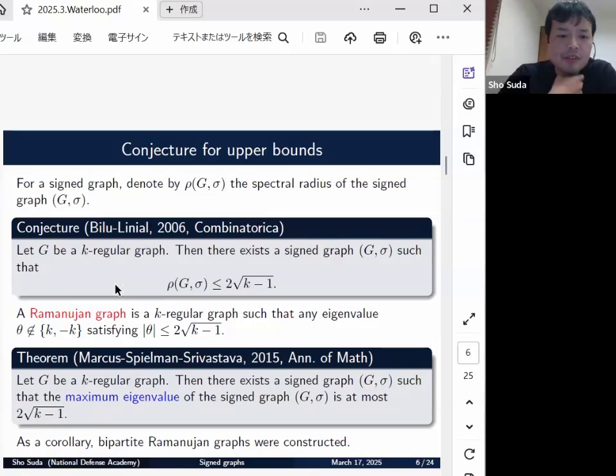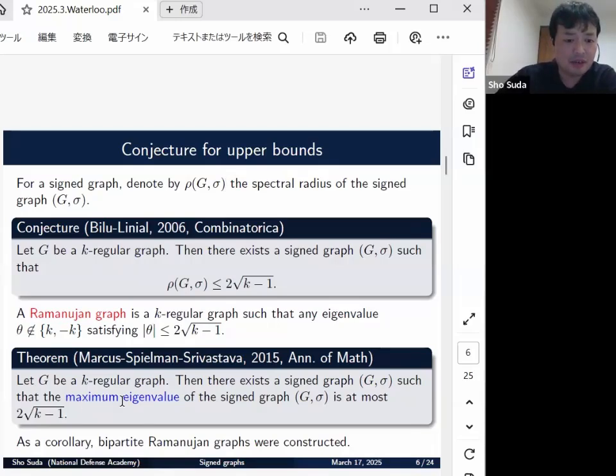And 10 years ago, these three authors proved this nice result about the signing. They proved that for any k-regular graph G, there exists a signing sigma such that the maximum eigenvalue of the signed graph G sigma is at most the desired value, 2 times the square root of k minus 1.